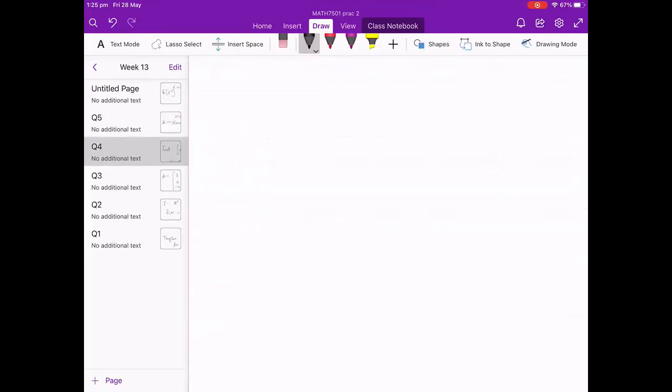Okay. Next question is about integration. You are asked to integrate x sin x dx. How do you approach this?